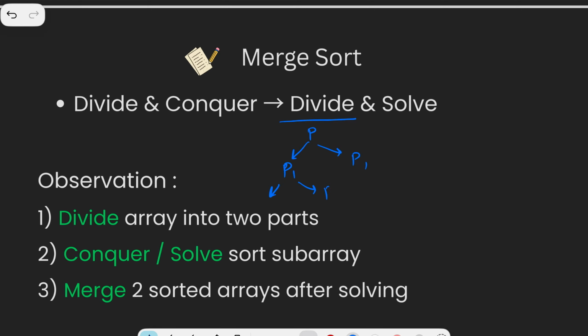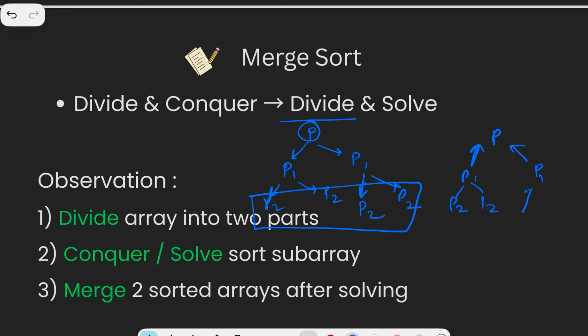Then again you will divide it further, something like P2, P2. And after the division is completed, you will merge it back and construct the solution for P. That means you will go back. So you have P2, P2 here. From that you will construct the solution for P1, and from that you will construct the solution for P.